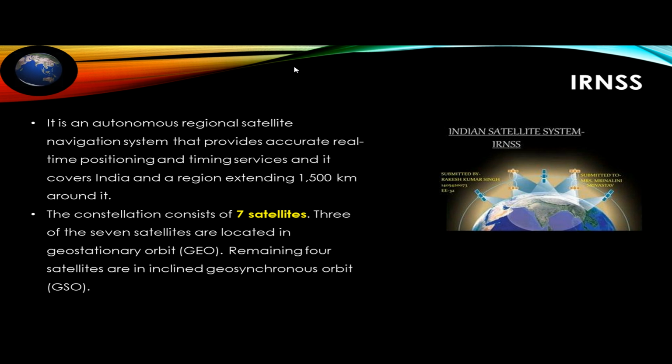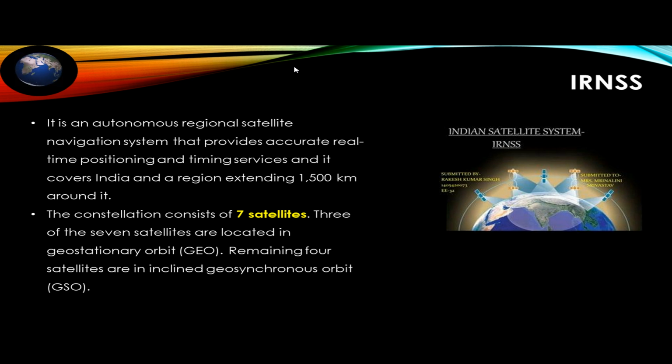If you see here, satellites are there, space vehicles, and this is the Indian Regional Navigation Satellite System, which has an extent of around 1500 kilometers. It consists of 7 satellites. Three of the 7 satellites are located in geostationary orbit, and the remaining 4 satellites are in inclined geosynchronous orbit. So geosynchronous and geostationary orbits are there.